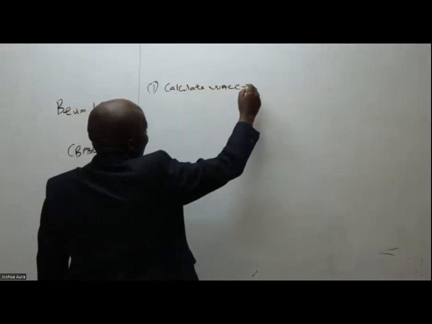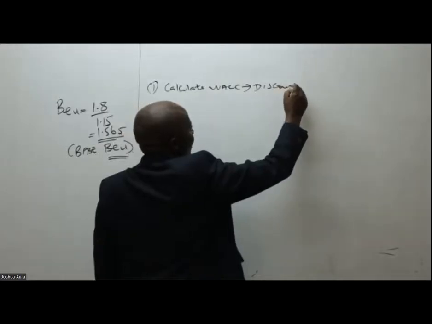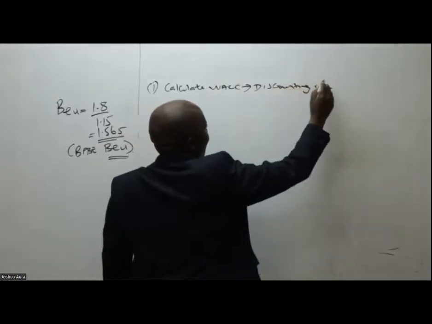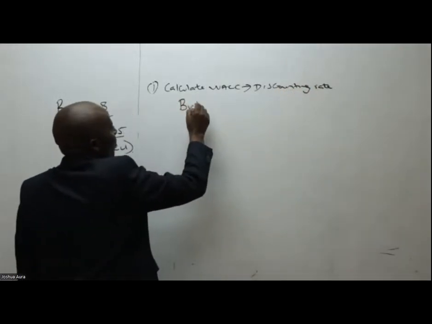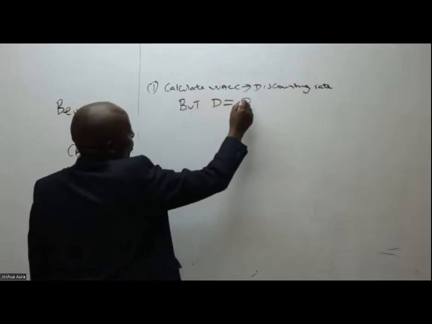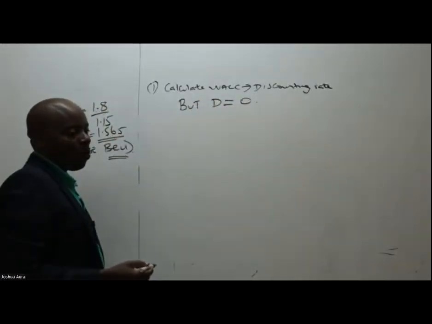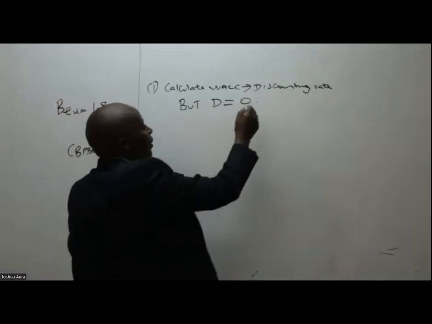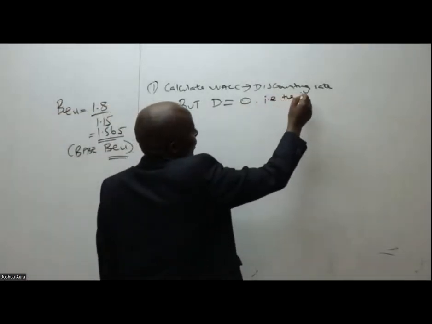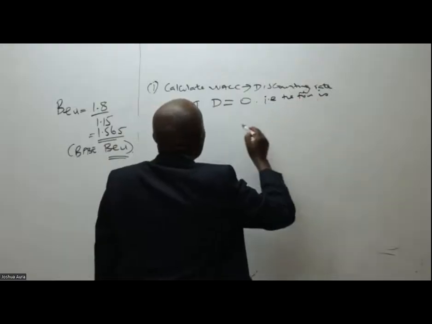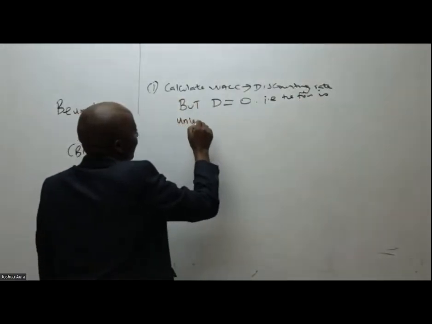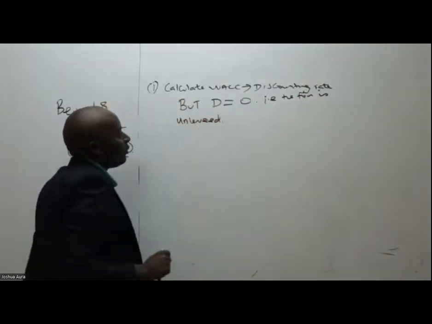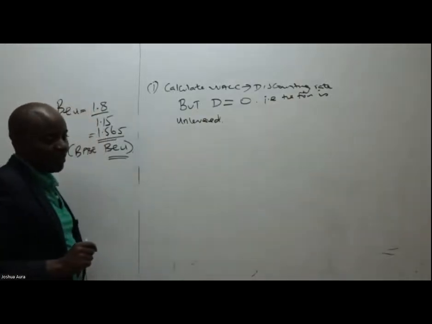This is our discounting rate. But remember your debt equals 0, i.e. the firm is unlevered. The firm is unlevered. Right?